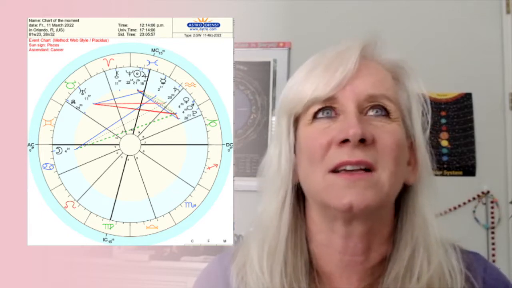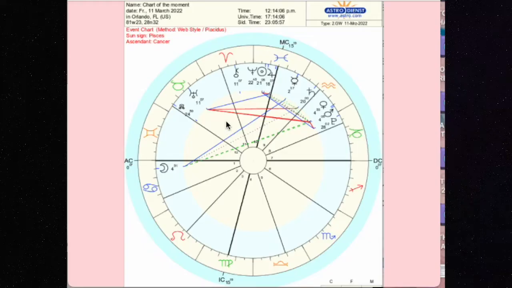Oh, you can't see that because I'm not screenshotting it. There we go. So if you look at this part right here on this cusp, this section right there is the 30-degree mark for the whole sign of Gemini. This line is the cusp between the houses. That says that at about 26 degrees of Taurus, it changes sign.